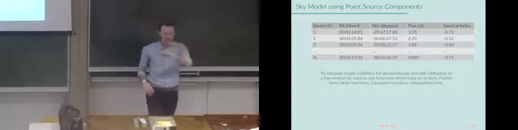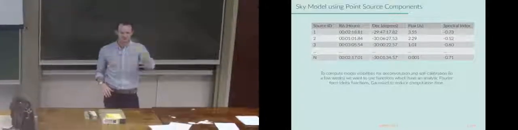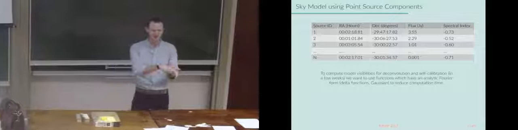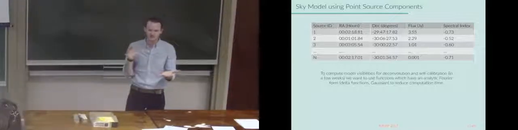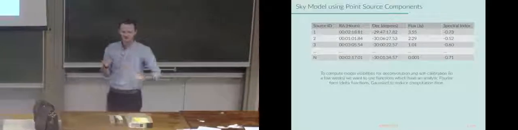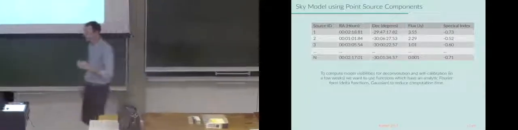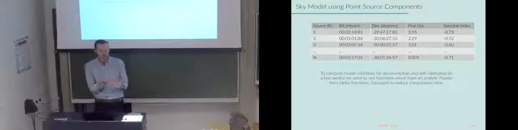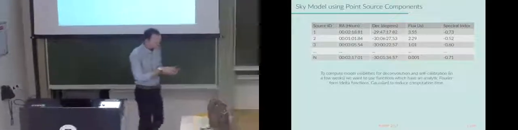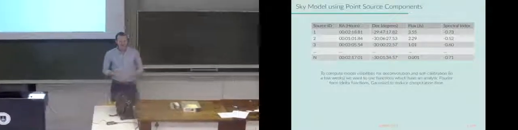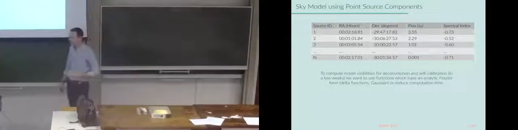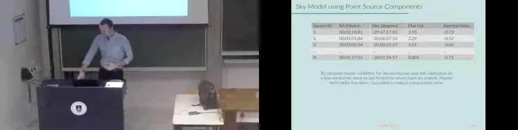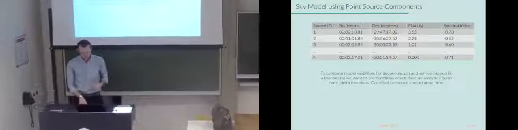You basically make a sky model in your image domain, you transfer it back to the visibilities, and you take that model and subtract it from the original data to get the residuals. And this is kind of the best way to do it, sucking out portions of the model bit by bit, iteratively, until you get down to some noise level you're happy with. And so it's a nice, convenient model.